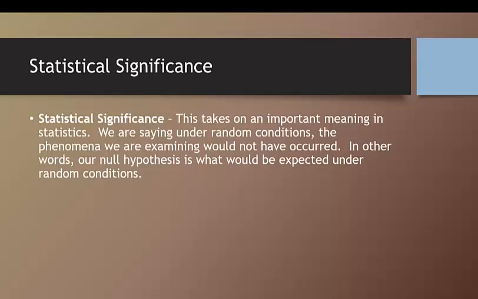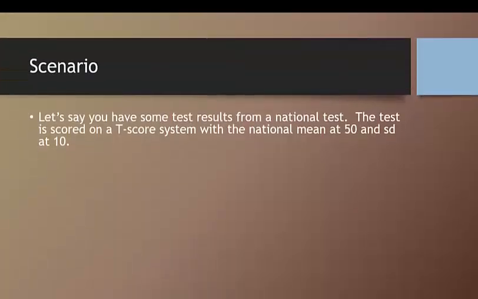The opposite of that would be that we believe that something has happened and these conditions are not random anymore. And so we want to test to see if this is something that's happening by chance or if it's something that we think has taken that randomness out. So let's go back to our test that we started with about the student test scores.